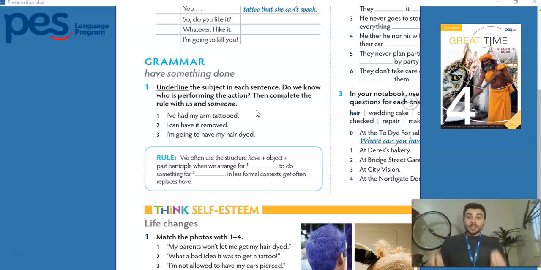So here again we have the subject, which is I, but the performer of this action is not myself, is someone else. So can you see the difference over here? So again, not necessarily the subject of the sentence is the performer of the action in the sentence.